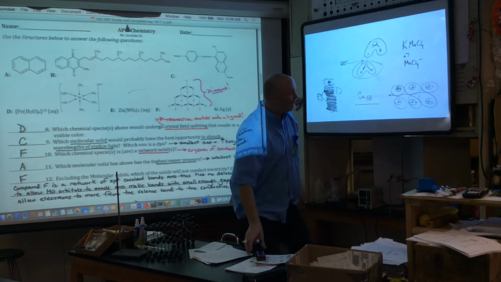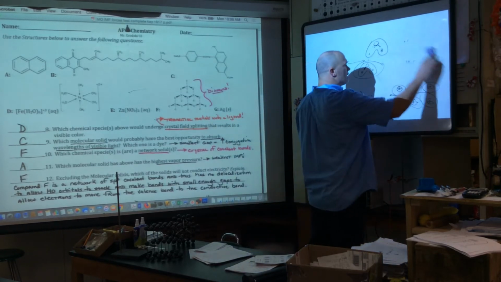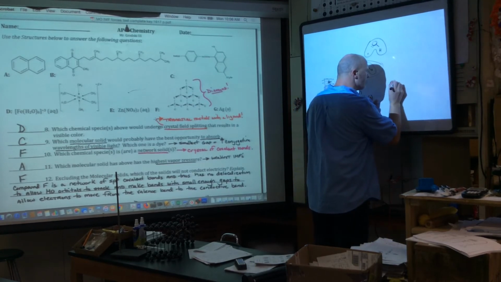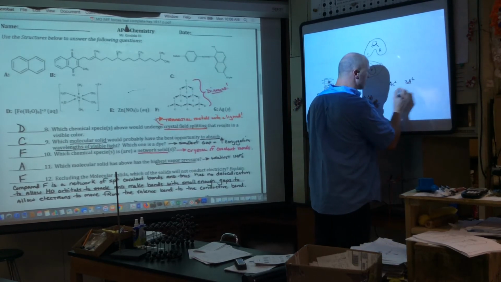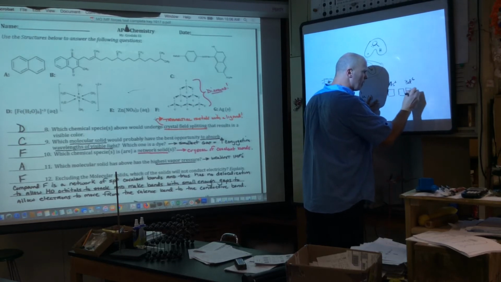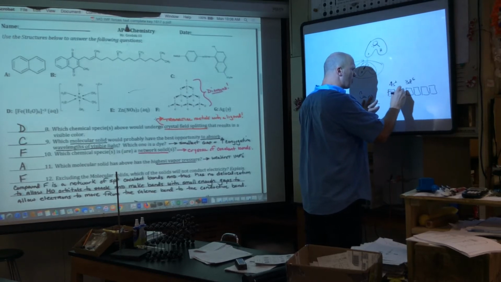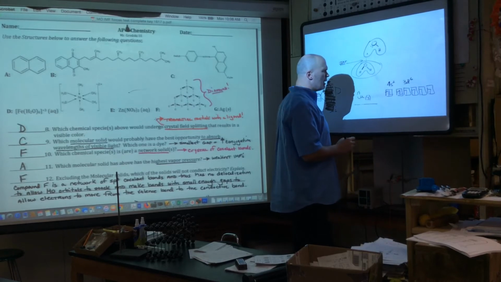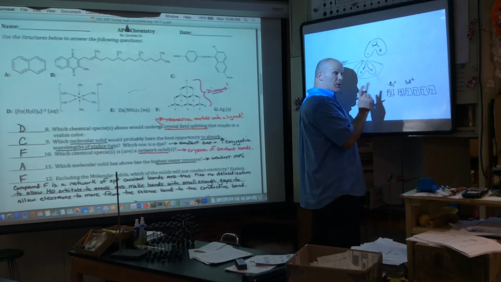So if you think about, let's do something a little easier. Let's think about iron for a second. Iron is 4s2, 3d6. So if I draw an orbital notation, okay, 4s2, 3d6. Okay. We know that it's going to lose the what?